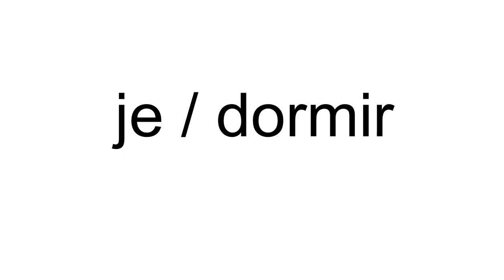For IR verbs, to form the past participle, you take off the IR and usually you replace it with an I unless it's irregular. So if you want to say I slept, j'ai dormi.